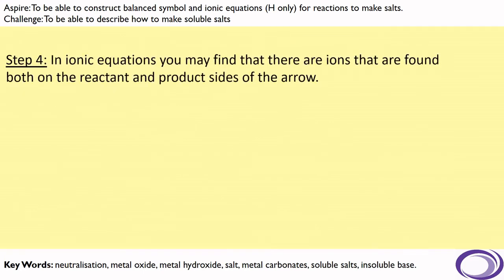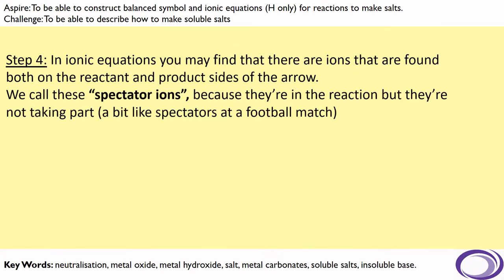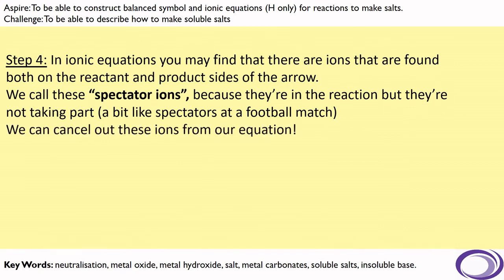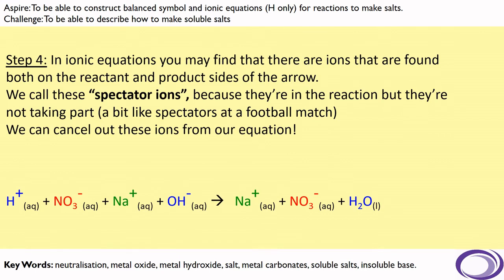Now, you can see that on both sides of the arrow there are some ions that are the same. So these are actually called spectator ions because they're in the reaction but they're not taking part, a little bit like spectators at a football match.